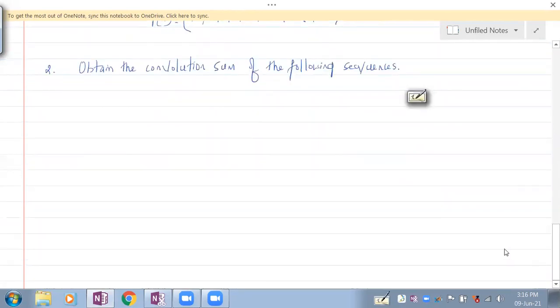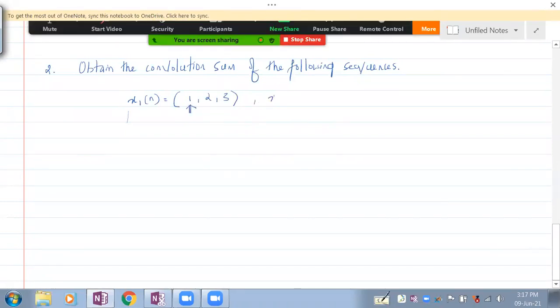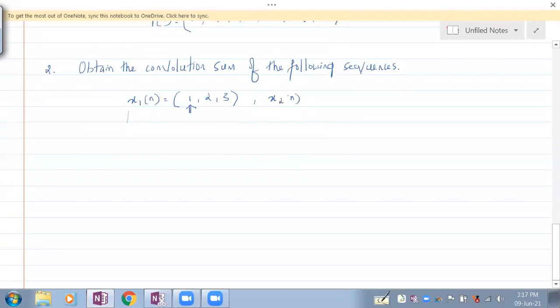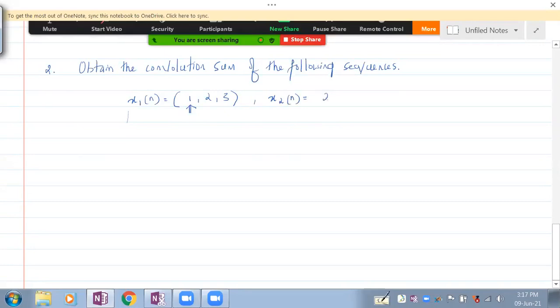I'll give you an example and I'll explain how this needs to be seen. So the first sequence is 1, 2, 3, as was the case in the previous problem. And the second sequence is 2, 1, 4.